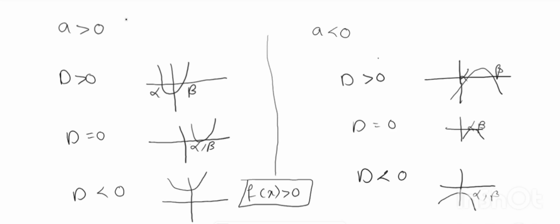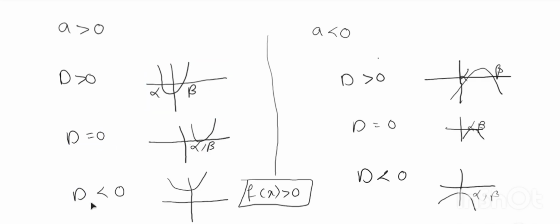These are the graphs for the nature of the roots when a is greater than 0 and when a is less than 0. When the determinant is greater than 0, we'll have the curve like this with the roots real and distinct. And when D is equal to 0, the roots are real and equal.